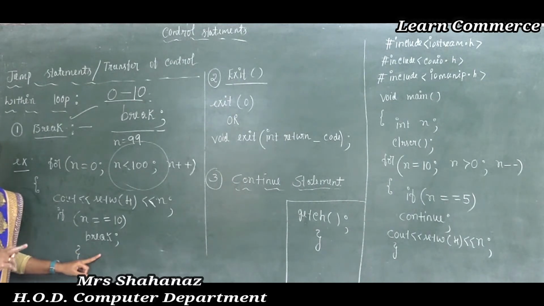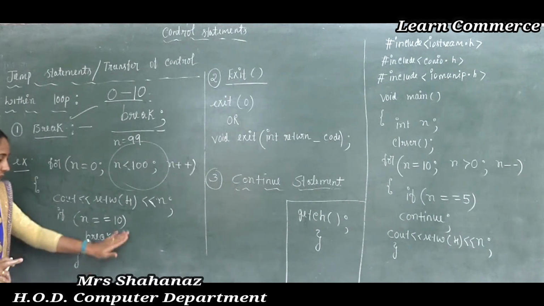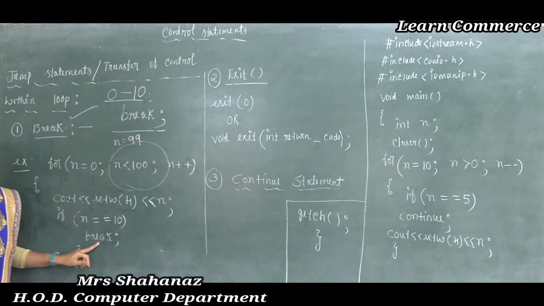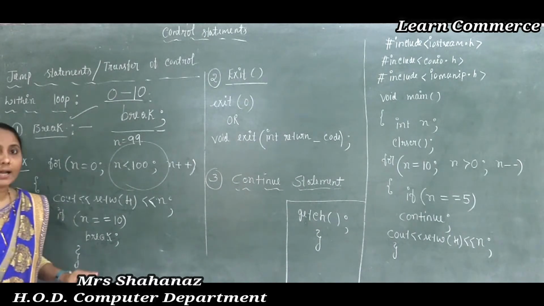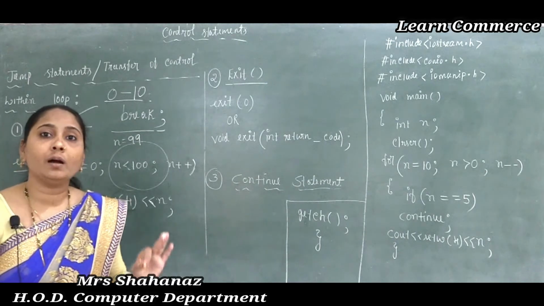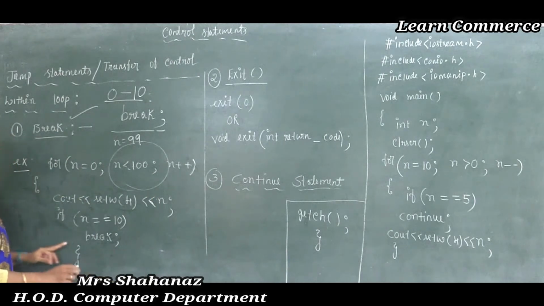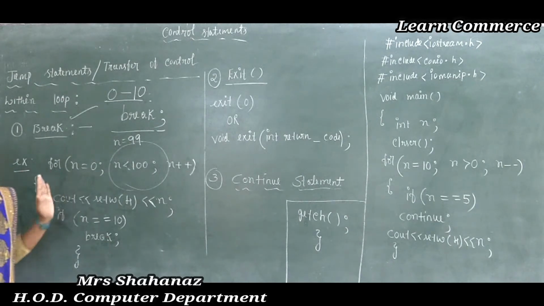If you are not using the break, then surely it would execute up to 99. Because of break it terminates the execution. The exit means stop, the termination of the loop here. So this is about our break statement.